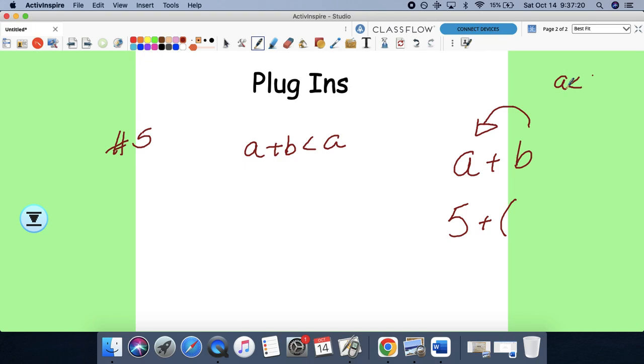The only way this would work is if B is not a number greater than A. If I put 6, 7, 5.1, that's not going to work.